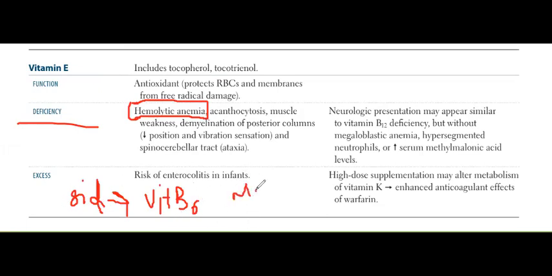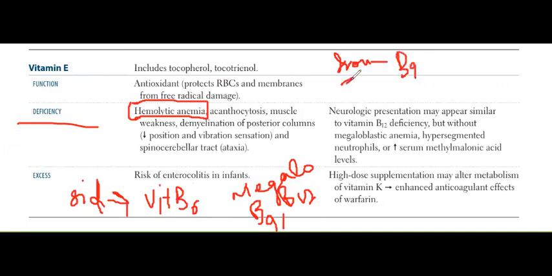Similarly, we have megaloblastic anemia, and we have seen deficiency of vitamin B9 and B12 associated with megaloblastic anemia, right? Similarly, we have iron deficiency anemia, and this is again because of vitamin B9, and iron itself.